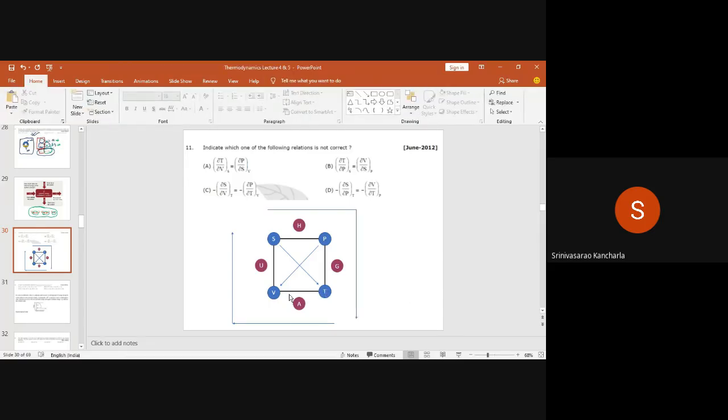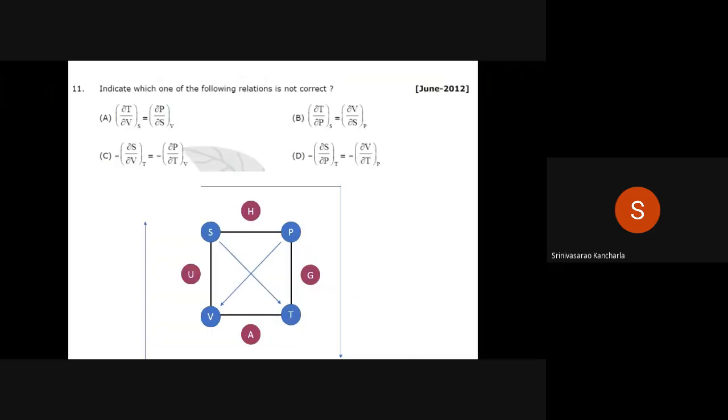Try to follow this one. If you write del T by del V at constant entropy, it will be equal to del S by del P at constant temperature with a negative sign. I'm writing this. You start the arrow from here.